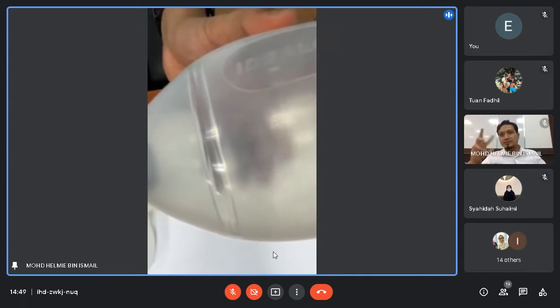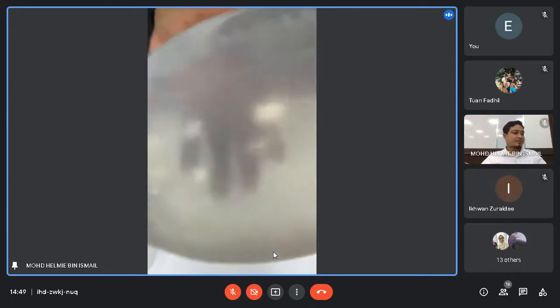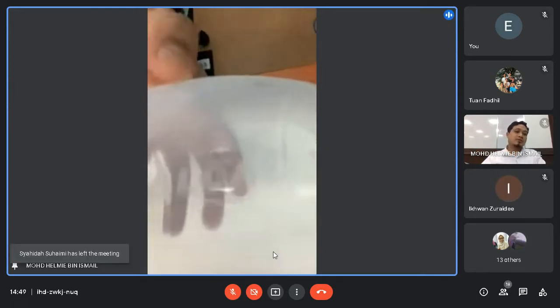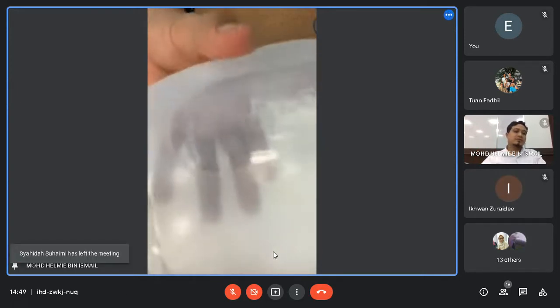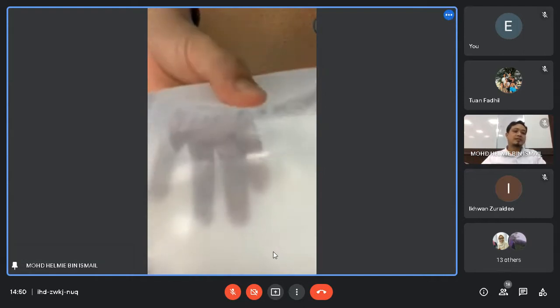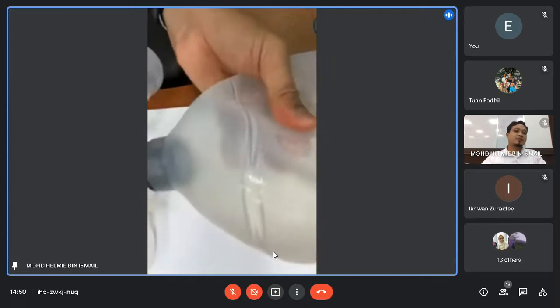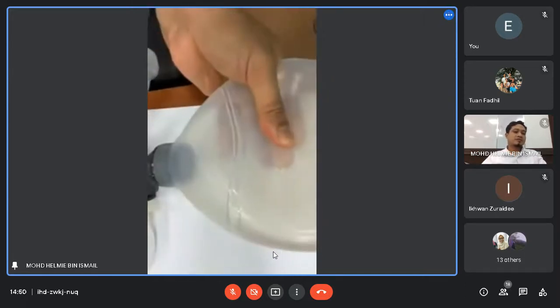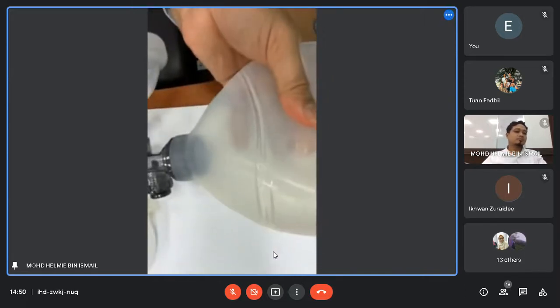So kalau saya dalam 60 contohlah, ideal body weight 60, darab dengan 8 about 480, right? So dalam ni ada 1.5 liters. So how much yang kita nak kena bagging? You need to rapat macam ni untuk give the tidal volume.